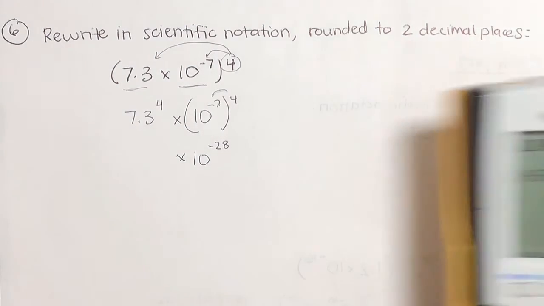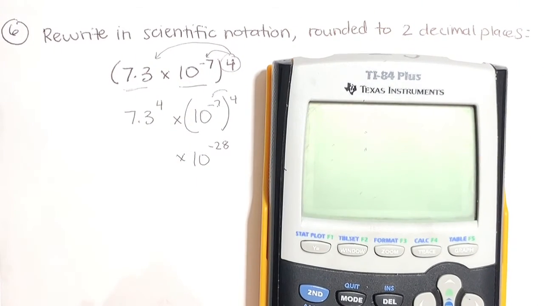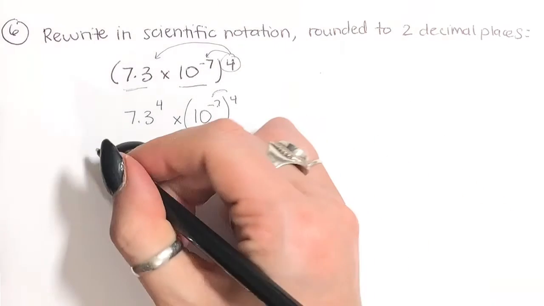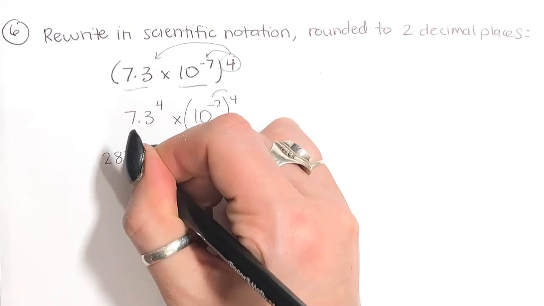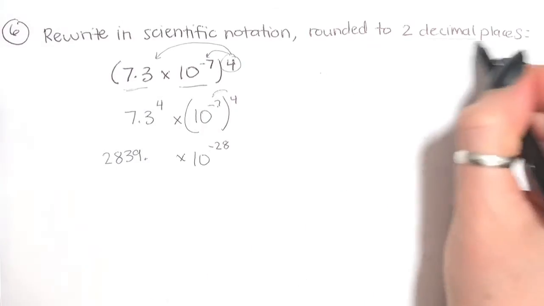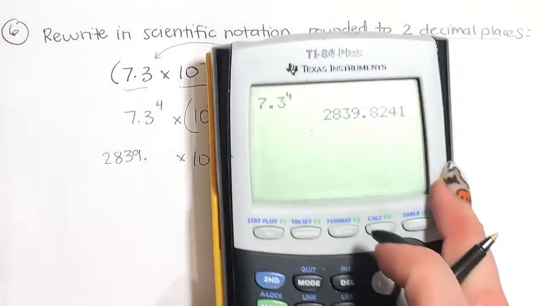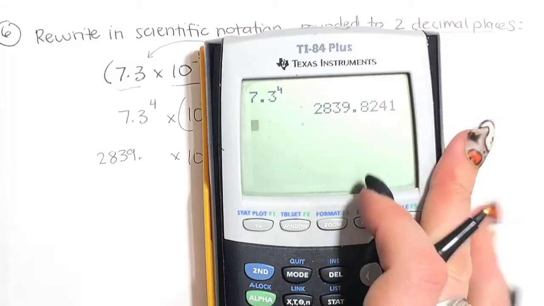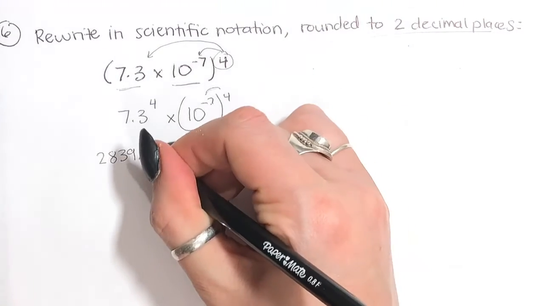So we need to do that 7.3 to the power of 4. And we get this lovely number right here, 2,839.82. And notice I did say just round to 2 decimals. So this number did have more than 2, but we're just going to take the .82 for now.